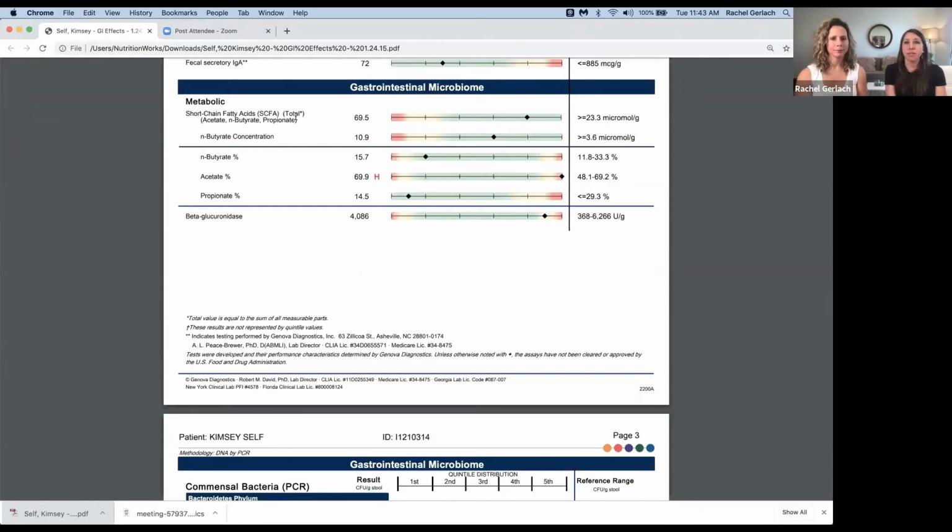I'm going to speak to a couple of the more important ones. So butyrate is the ideal fuel source for colon cells. So let's talk about why that's important. Our colon is exposed to a lot of abrasion, right? We're eating foods, there's fibers, there's byproducts, there's a lot of different things that are constantly creating an abrasion to the gut lining.